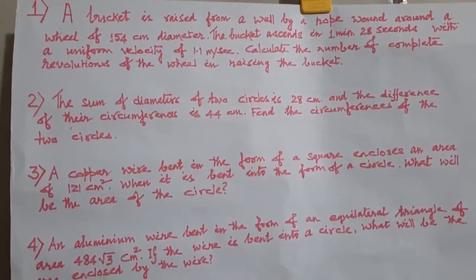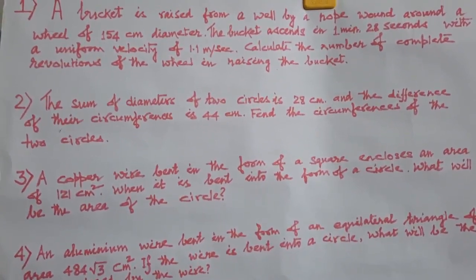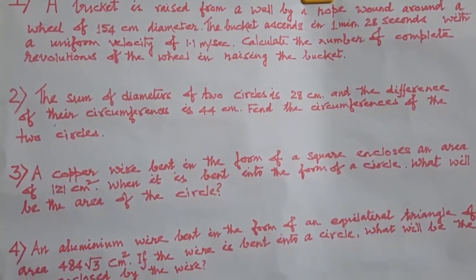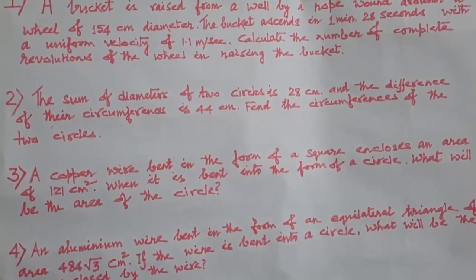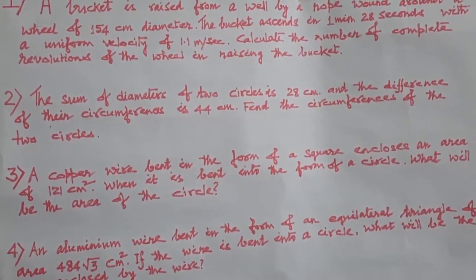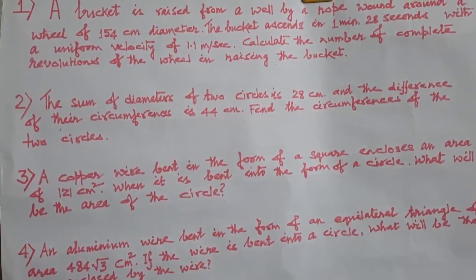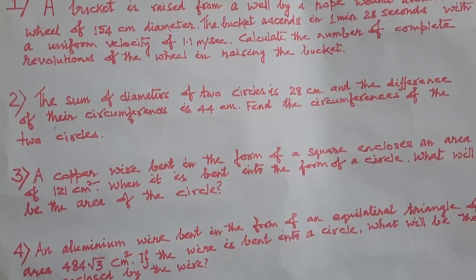Now the second problem. The sum of diameters of two circles is 28 centimeters and the difference of their circumferences is 44 centimeters. Find the circumferences of the two circles.